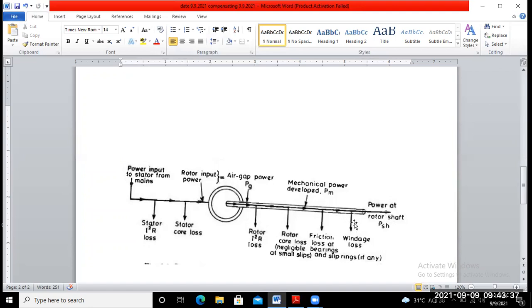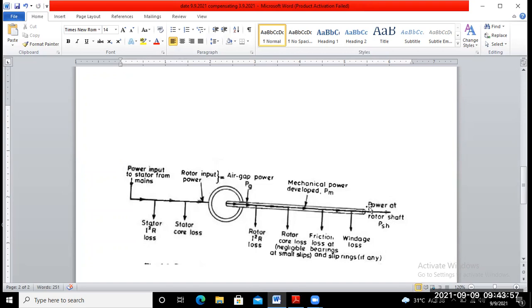Now you can easily find the efficiency of the induction motor from this relation. Either input power or output power is given, and for any relation you just subtract the various losses, and you will get the required quantity.